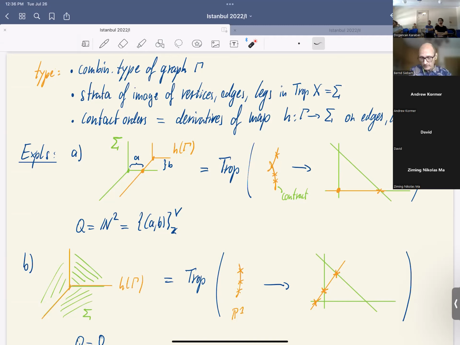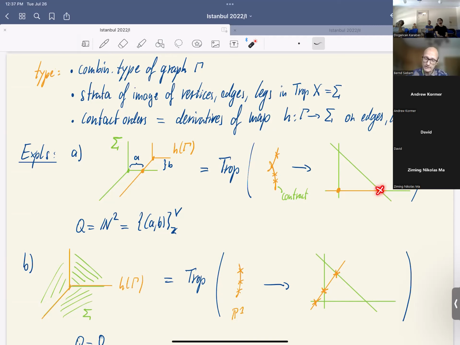And the map would contract this component completely. You can see this here because this vertex maps to the interior of this cone, which corresponds to this point, okay? While the other point maps to this ray, and that means that this component will map onto or into this divisor, okay? So it looks like that.